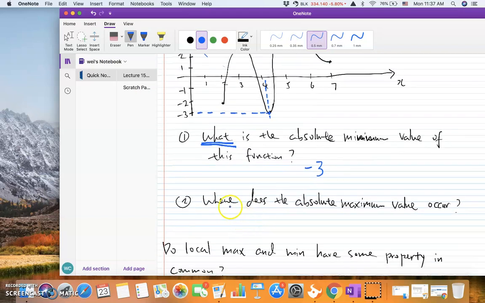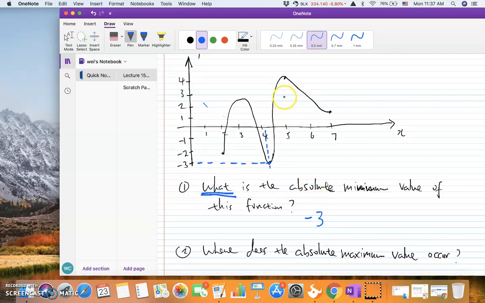Now the next question, where does the absolute maximum occur? Since this question is about the absolute maximum, I find the highest point.